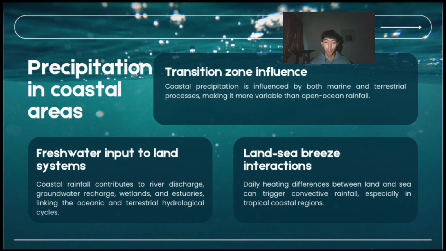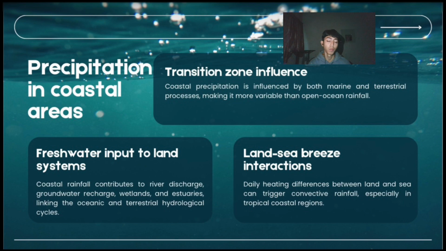Coastal rainfall contributes to river discharge, groundwater discharge, wetlands, and estuaries, linking the oceanic and terrestrial hydrological cycle. And lastly, land-sea breeze interactions. Daily heating differences between land and sea can trigger convective rainfall, especially in tropical coastal regions.